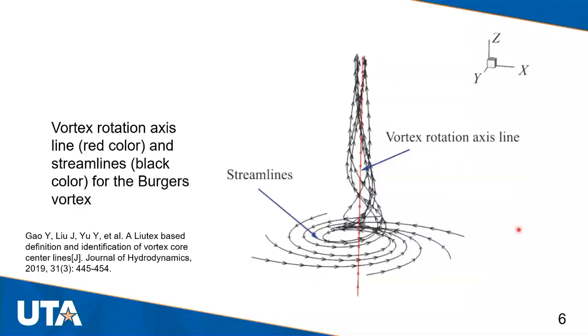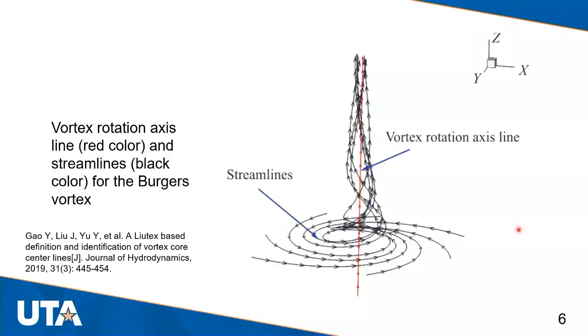Maybe you can understand it clearly from this example. This is the streamlines of Burgers vortex, and the red line is the detected Liutex core line.